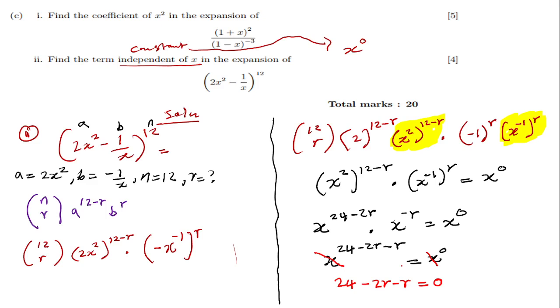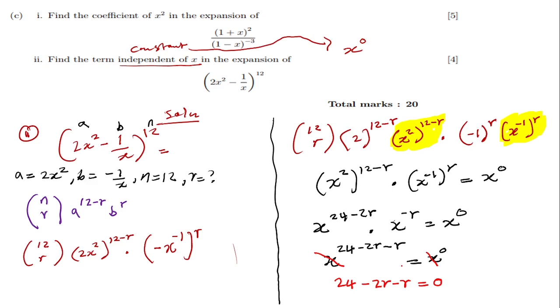So once you do that, you can go back to your formula. Since we already have r, and we have n, you go back to your formula, which is n combination r, a to the power n minus r, and then b to the power r.